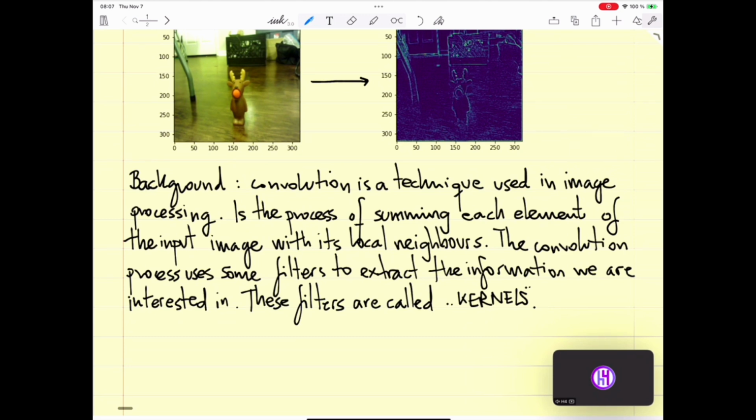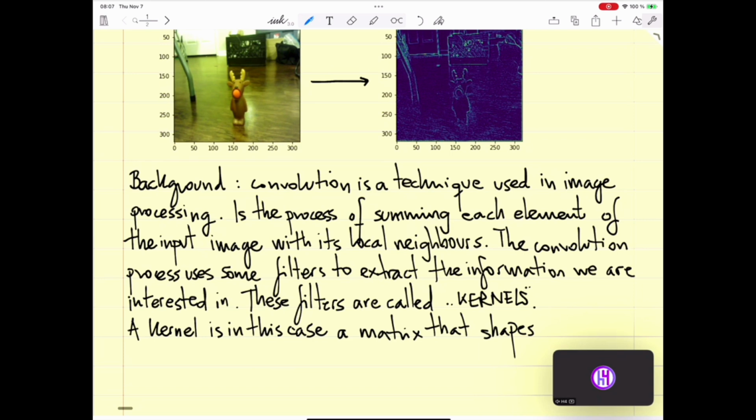So a kernel is, in this case, a matrix that shapes the weights of convolution.